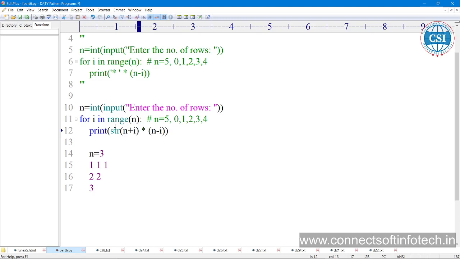No, str of i plus 1. Here i is 0, so 0 plus 1 gives 1.